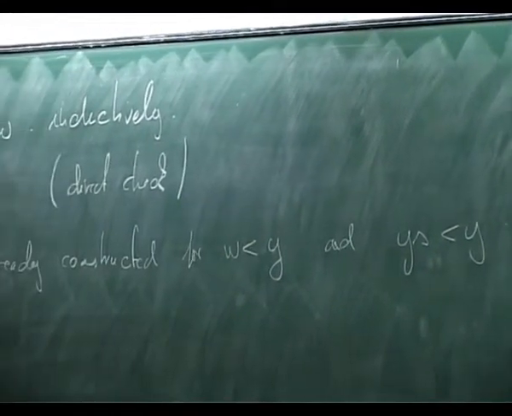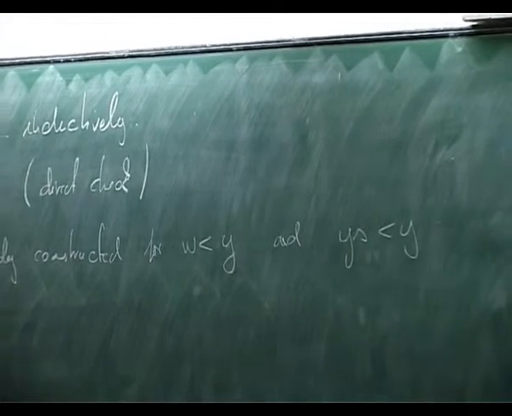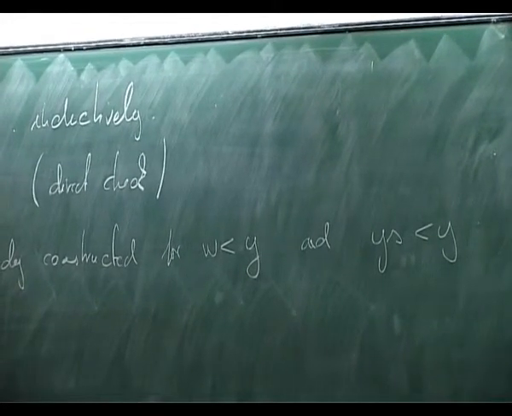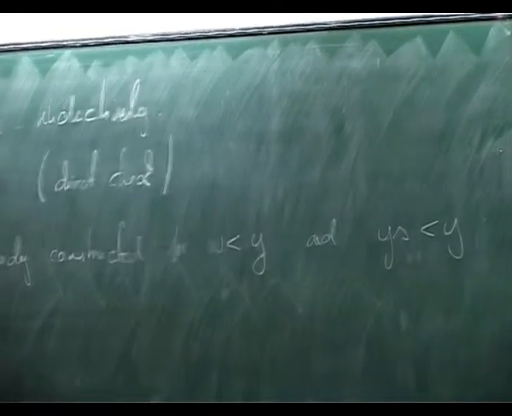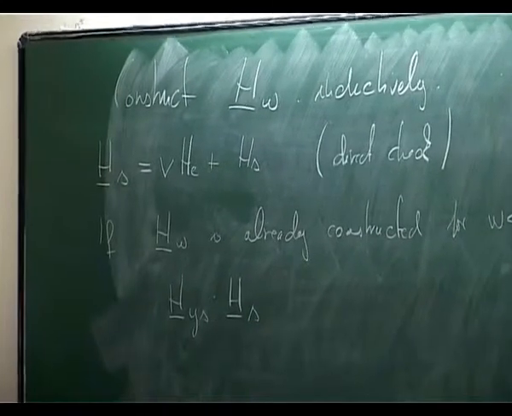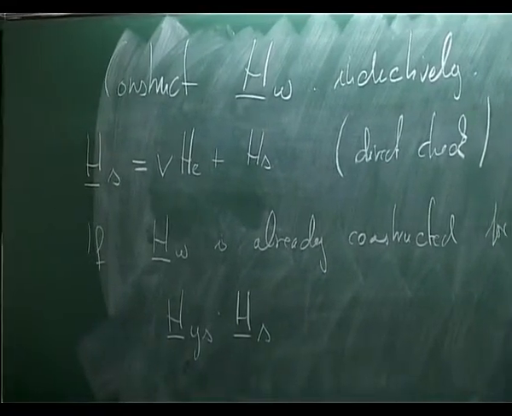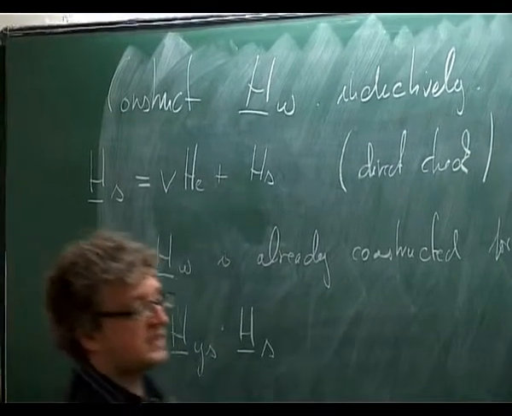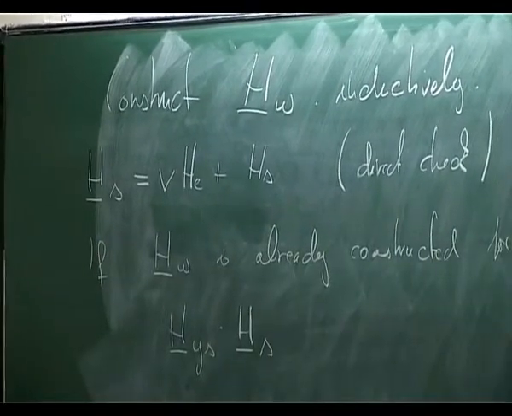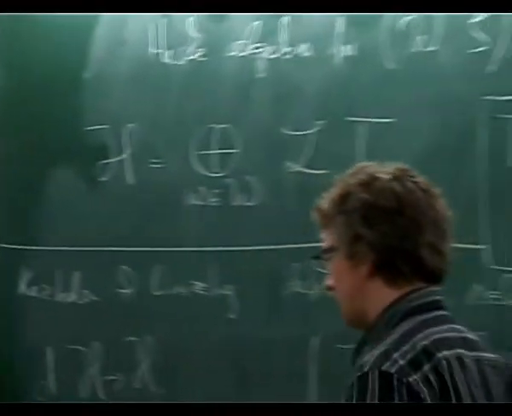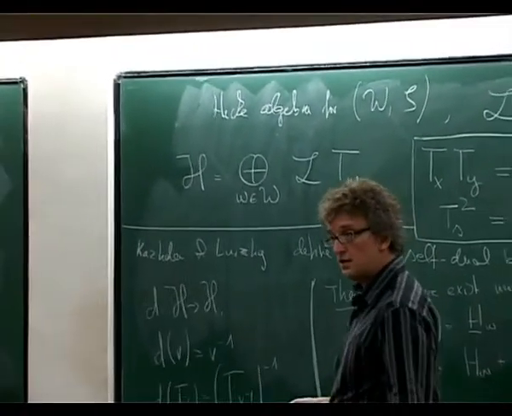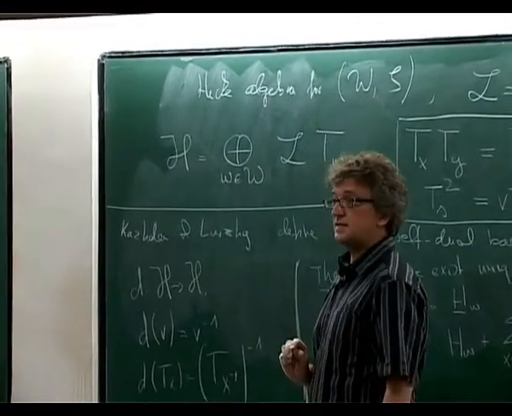Because ys is smaller than y, H underline ys is constructed, and now just use the multiplication with H_s. This involution is an algebra involution, so it commutes with multiplication. So what we have here is self-dual.